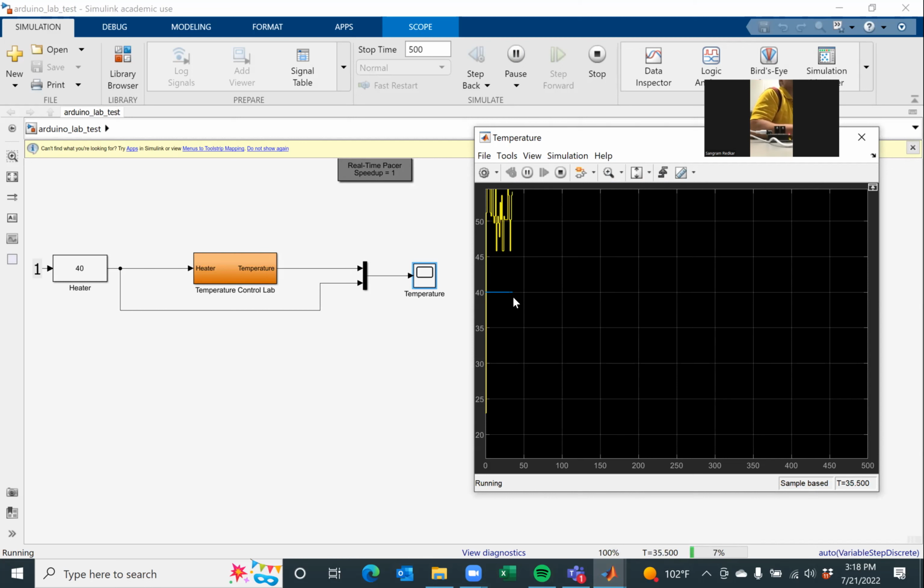Are you with me so far? So this system is in open loop. And clearly, even though we want it to be at 40 degrees, the temperature is at 50 degrees. Do you agree with me? And it is fluctuating.